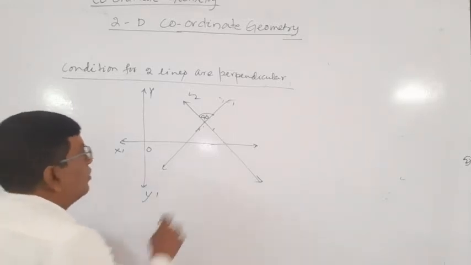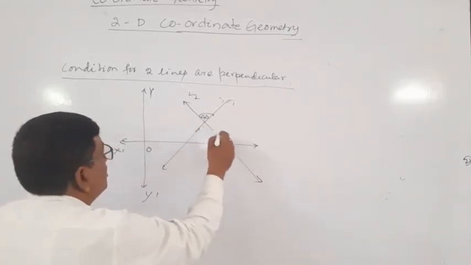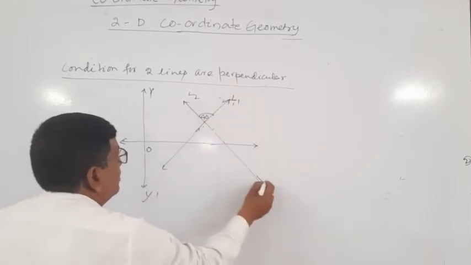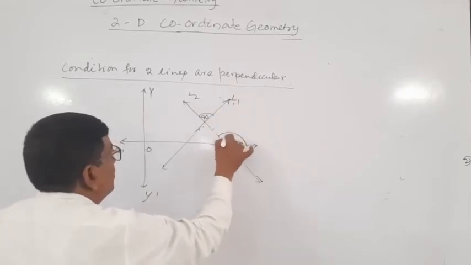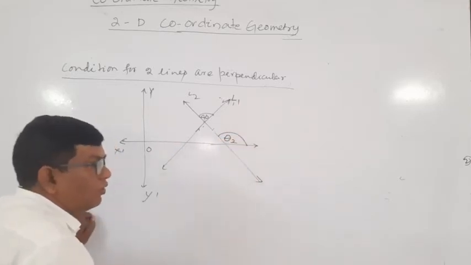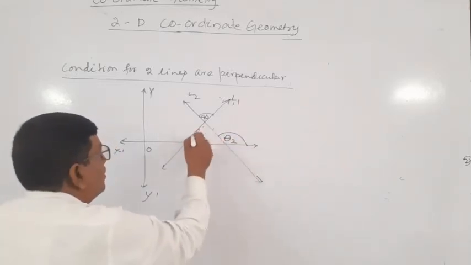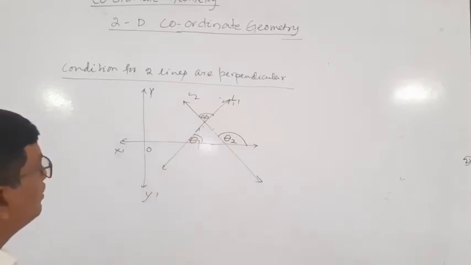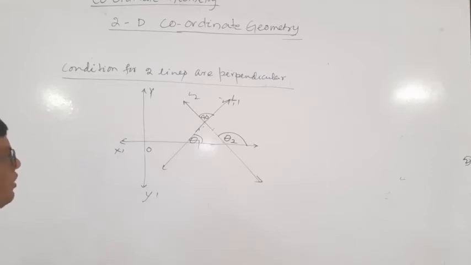This is L1 and this is L2. So this is theta 2, and this is theta 1. Now from the figure, that is 90 degree.